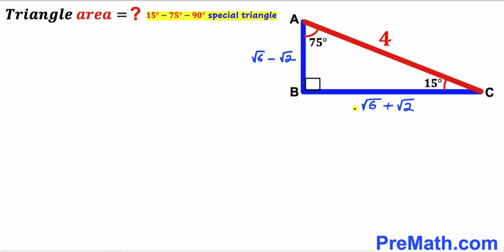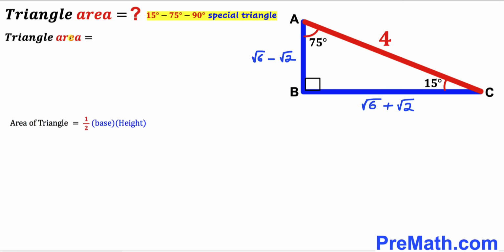Now since we figured out our base and the height of this triangle ABC, we are going to calculate the area of this triangle. Let's recall the area of a triangle formula once again. Area equals a half times base times the height. We already figured out the base and the height.